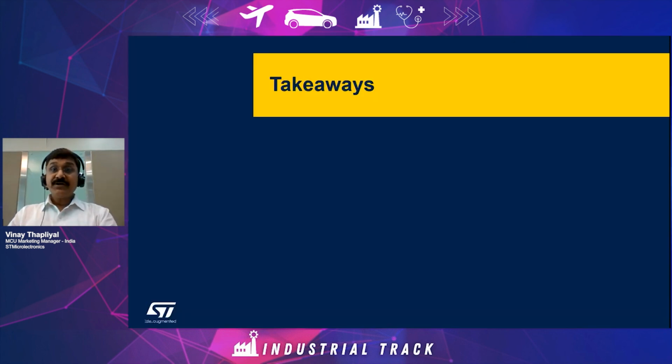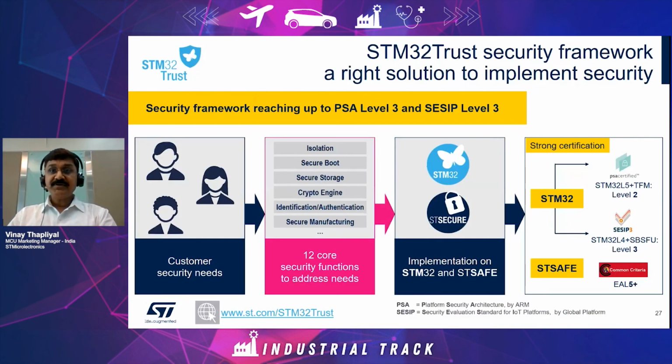So I'll now conclude with some key points to summarize this topic. A security framework with defined security functions and services like the STM32 Trust security ecosystem is of great help to implement security in your new product designs. Starting from customer use cases and security needs, we have defined a set of 12 core security functions, which are the foundation to fulfill all the common security needs.